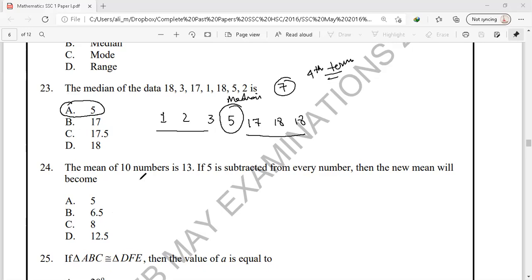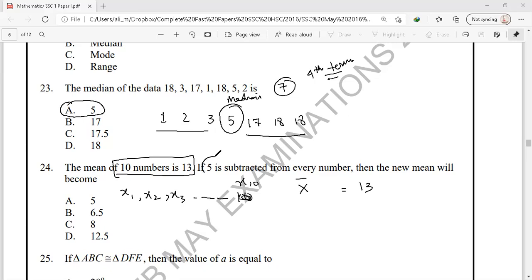In question number 24, the mean of 10 numbers is equal to 13. So we have mean equal to 13, and let's suppose we have the 10 numbers as x1, x2, x3, up to x10. So the mean of these x terms is equal to 13.